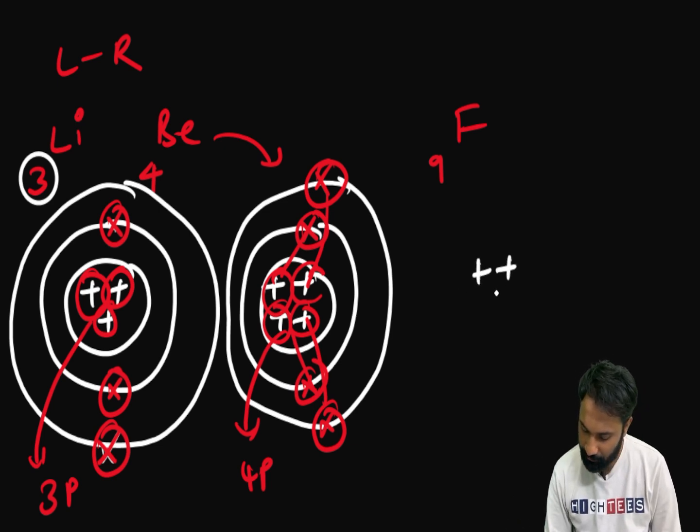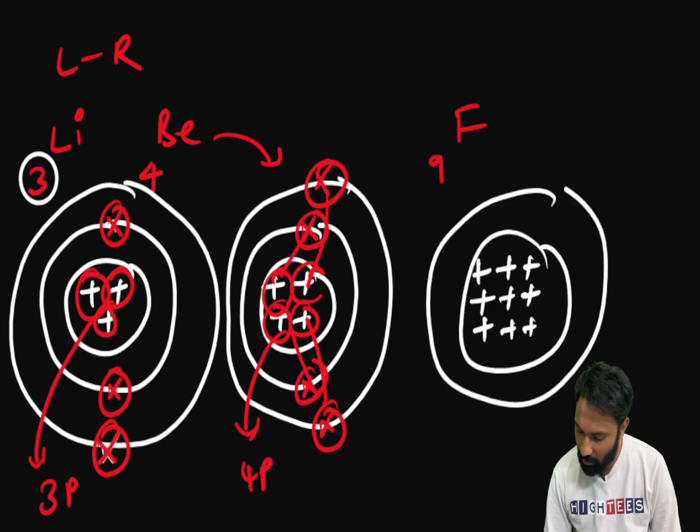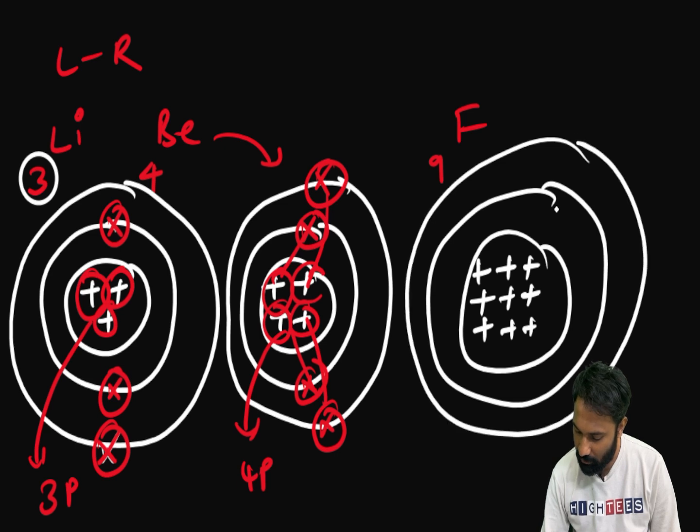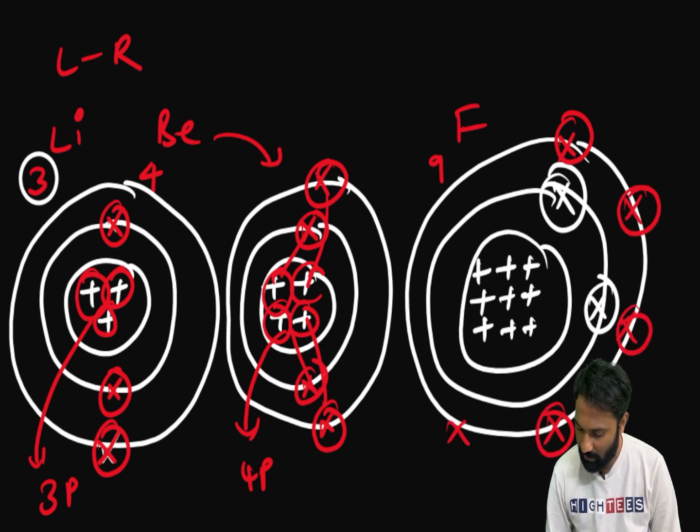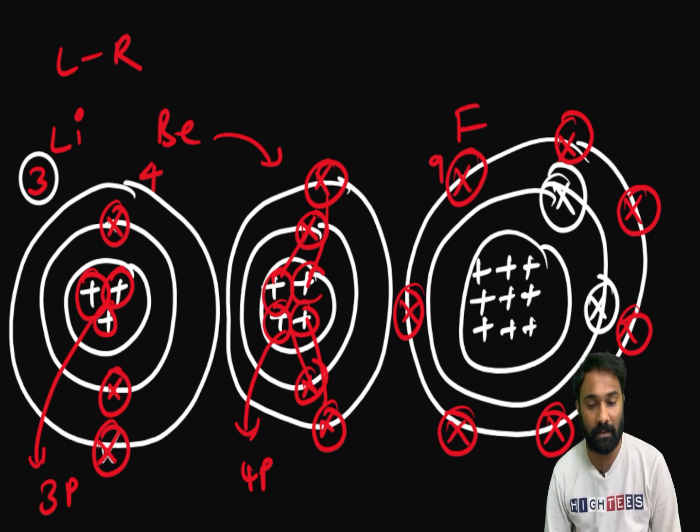Fluorine case, total 9 protons and 9 electrons in the 2 shells. 1, 2 will be accommodated in the K, and L can accommodate 3, 4, 5, 6, 7, 8, and here 9. Done. This is about the fluorine atom.